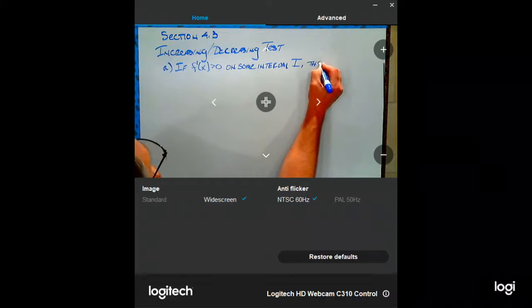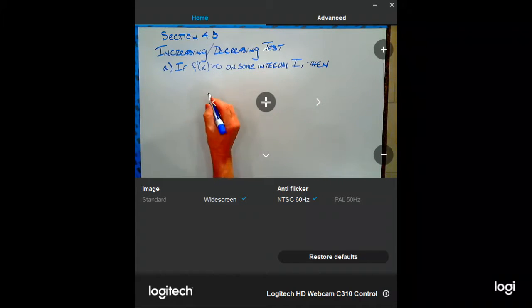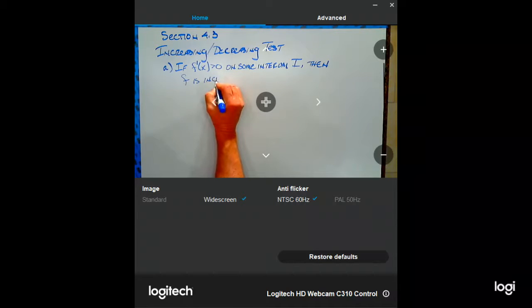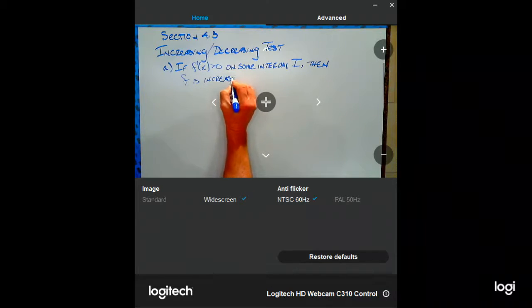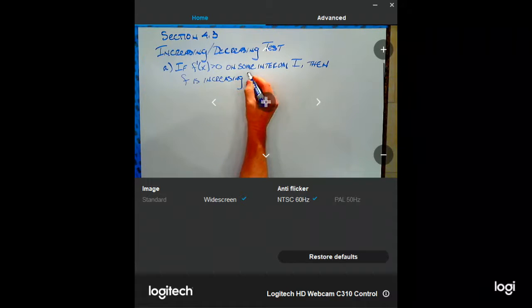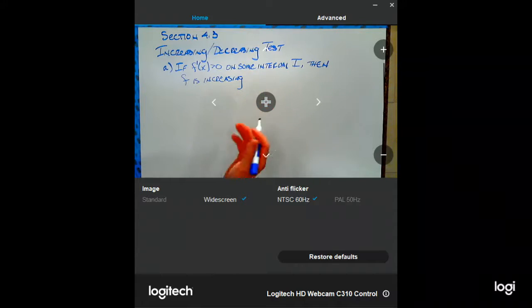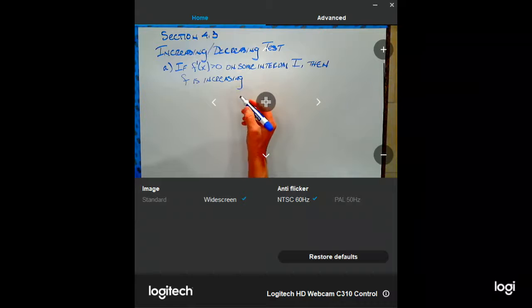then f is increasing. Remember, increasing means the function goes up as we move to the right, increasing on that interval.